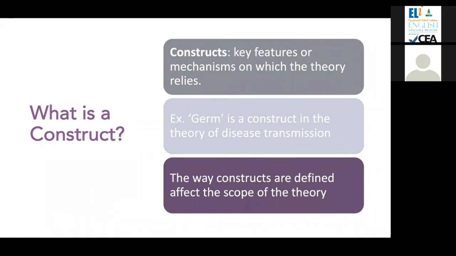So if I take the example of disease, for example, the germs and disease theory again, then we need to know what germ is, define it clearly, because based on the definition, the research scope will be different.